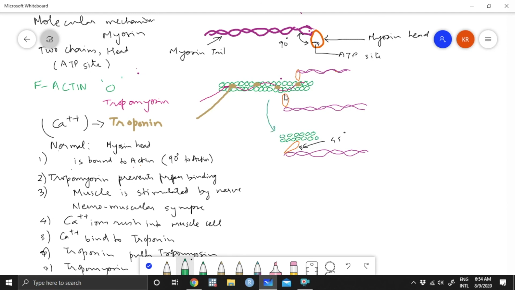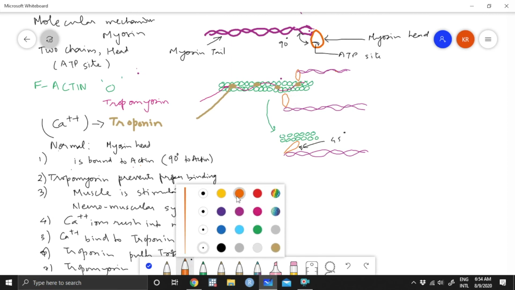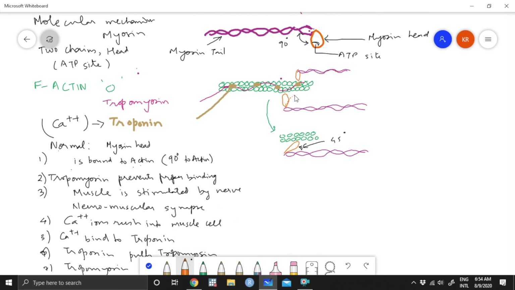So when it was attached over here, and if it becomes now 45, that is the movement of this part, we can show with the orange pen, in a dotted fashion, it has moved along this direction. That means the entire muscle is going to progress and move in this direction.